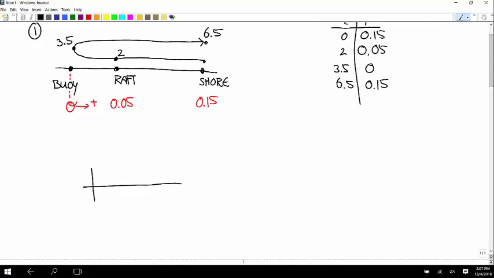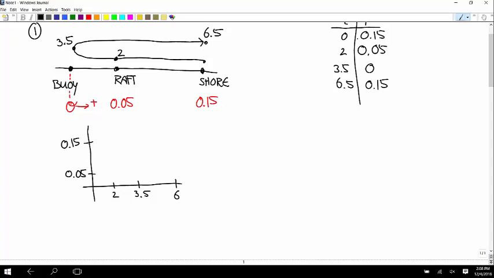And so now to plot it, the times that matter are 0, 2, 3.5, and 6.5. And the positions that matter are 0, 0.05, and 0.15.